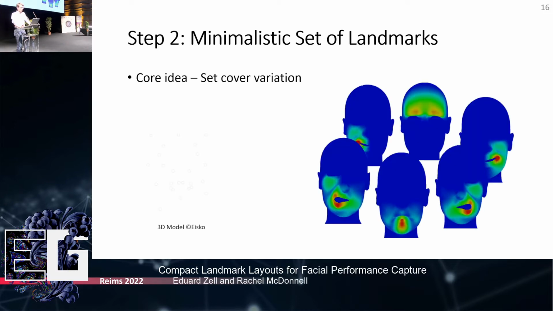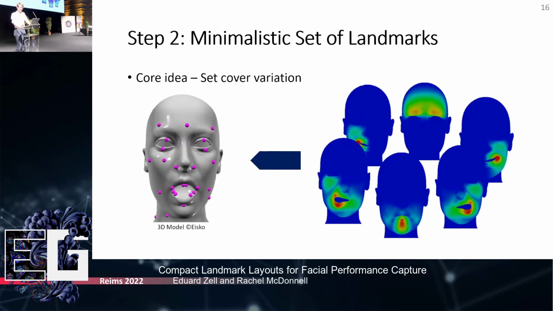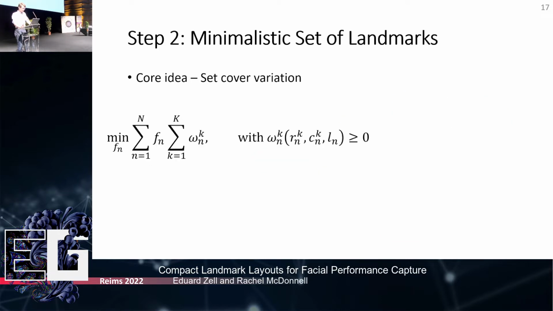So, having computed the quality of each vertex to represent each blend shape, we are ready to compute the layout itself. To do so, we use a variation of the set-cover algorithm. Our goal is to minimize the number of landmarks.